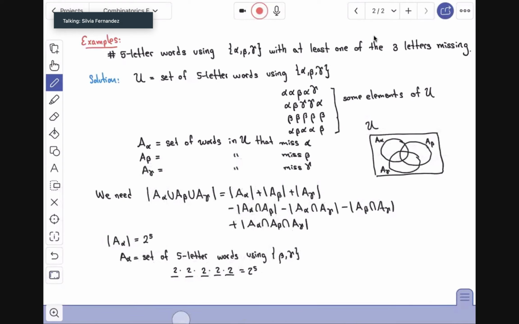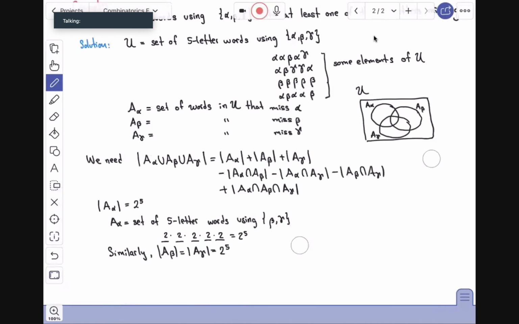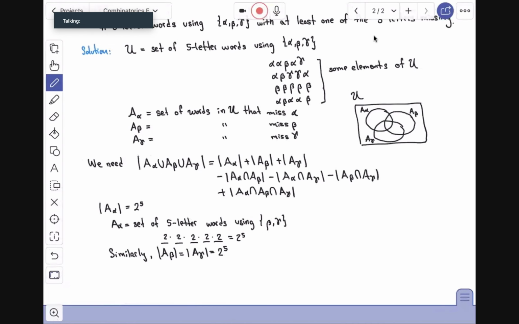And similarly, A beta and A gamma are 2 to the 5th. So this is S1 minus S2 plus S3. You know, so it's another way to write it, right?